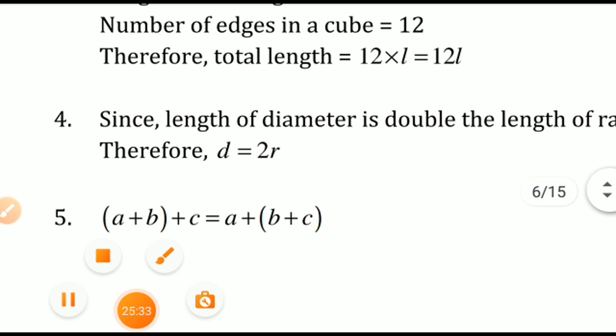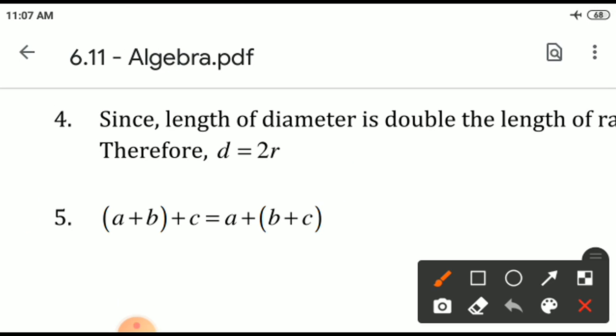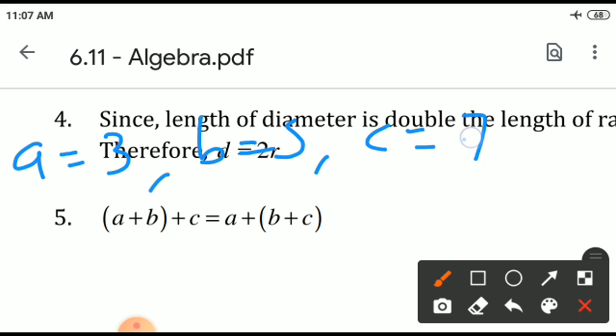Last but not least, you can say A plus B plus C is equal to A plus B plus C. How can you say this? Suppose according to our question, A is equal to 3, B is equal to 5 and C is equal to 7. Let's check this example with these values.